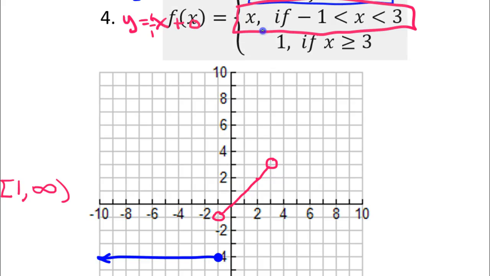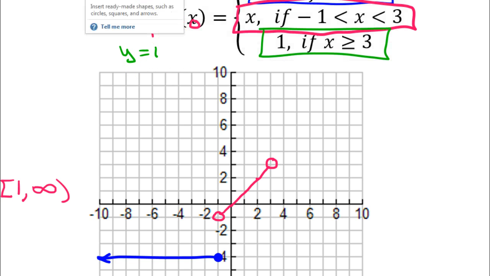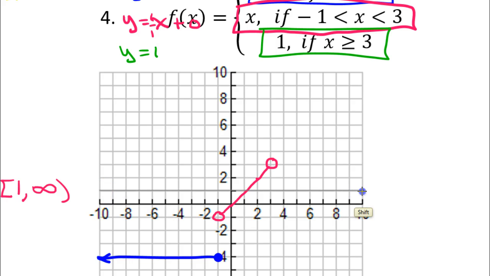Now for the green part. Now when I see this number 1, I should once again be thinking y equals 1. All right, so this is a horizontal line at 1. So that's going to look like this. Okay, so there's my horizontal line at 1. But I don't get to keep the entire line.